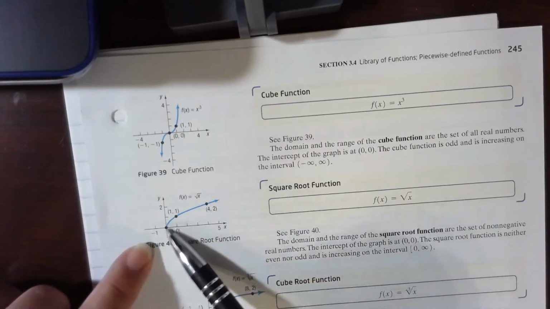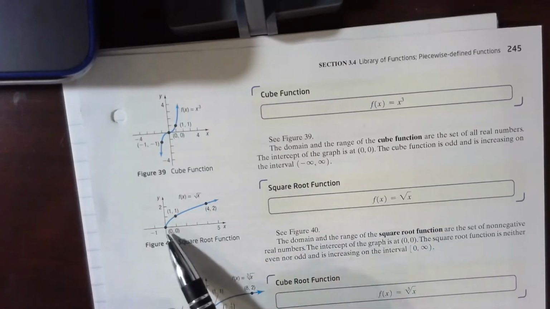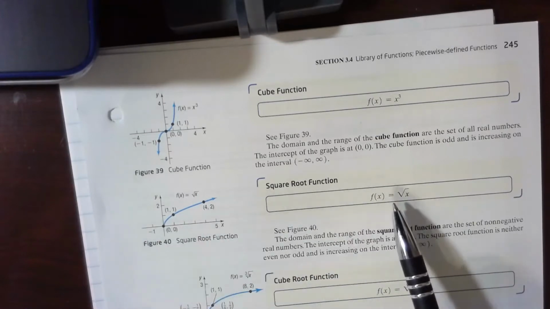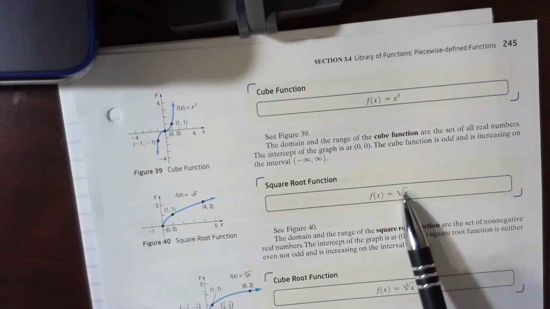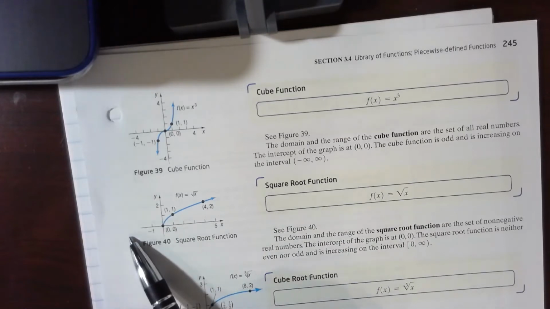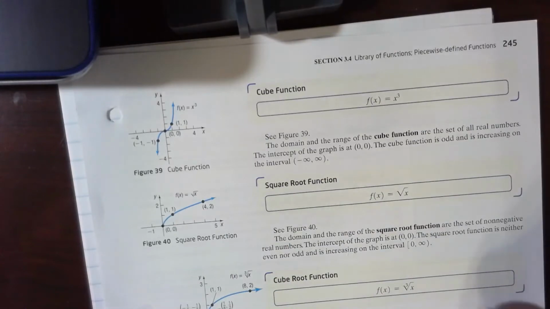You see this point right here is fixed, and then it goes to the right, and the reason is you can't use any negative values for x if you're going to substitute it into the square root, because you can't take the square root of a negative number. So that's why it starts at 0 and goes to the right.